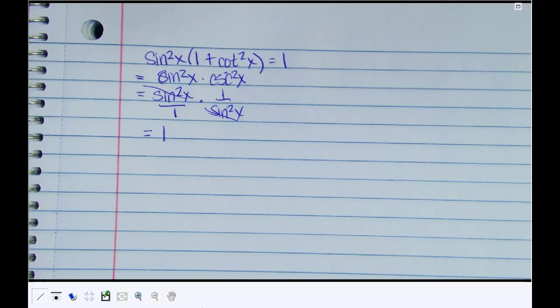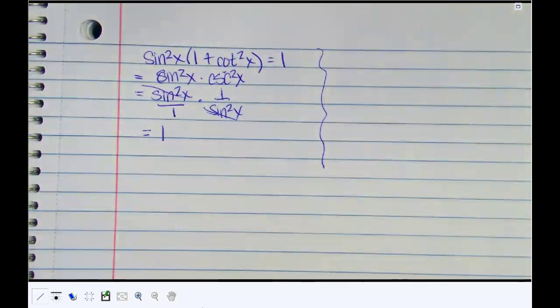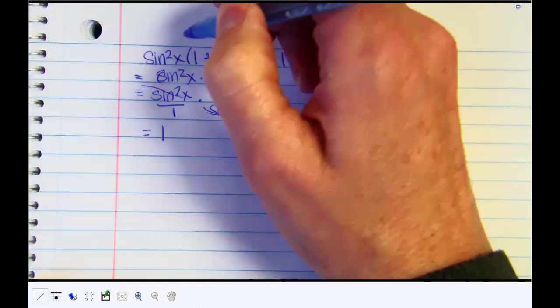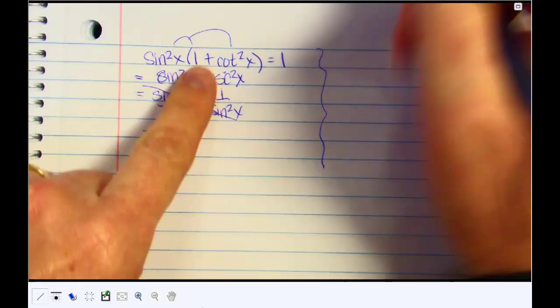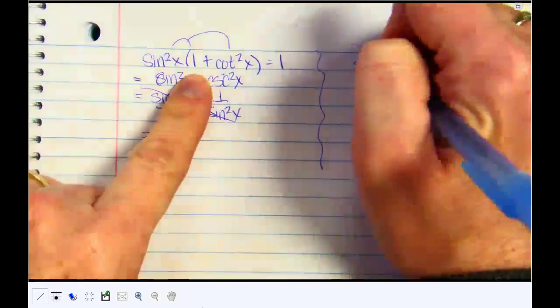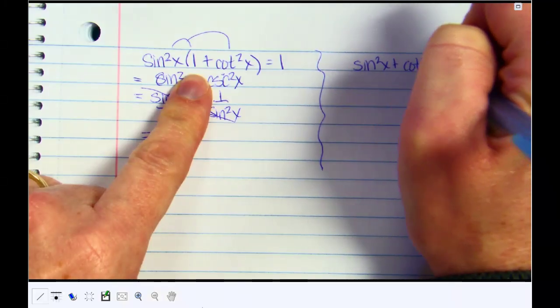Now let's say you don't do that and you decided you were going to distribute first. You still didn't turn everything to sines and cosines yet, because why would you multiply fractions if you don't have to? This would give you sine squared x plus cotangent squared x sine x.